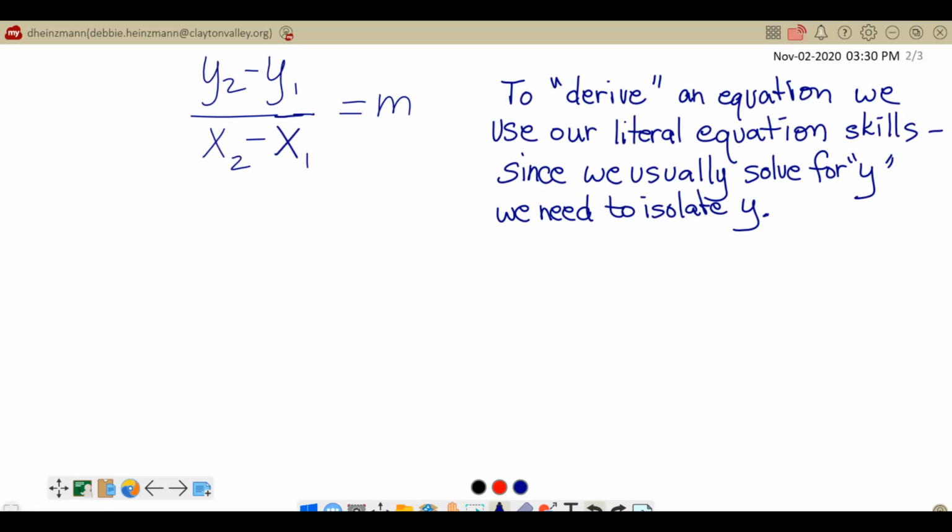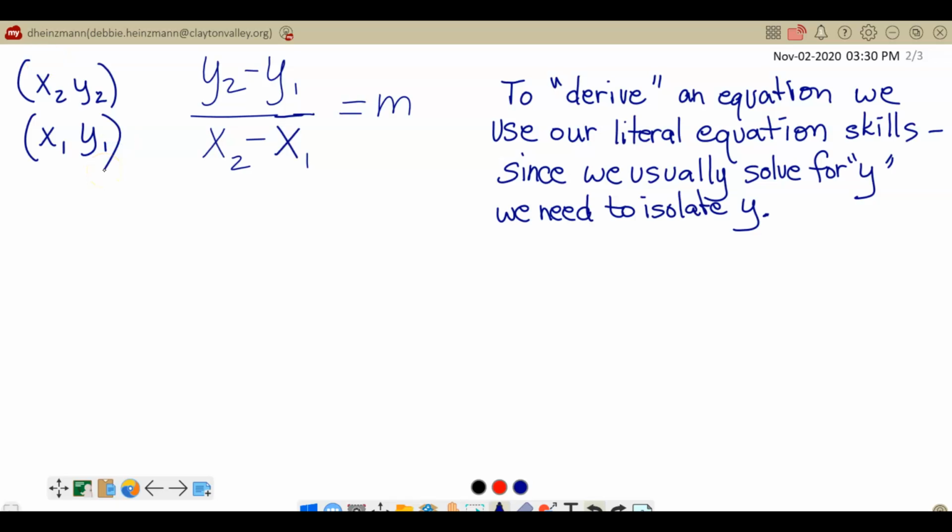So, to derive an equation, that is a correct math term, we use our literal equation skills, all right? Now, right now, you can see that this formula is solved for slope. It's designed so that if we have 2 points on a line, let's remember that, x2, y2, and x1, y1, that's all we need to calculate the slope.